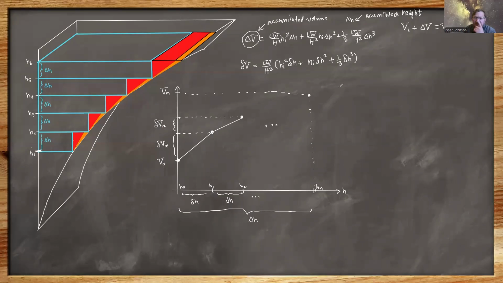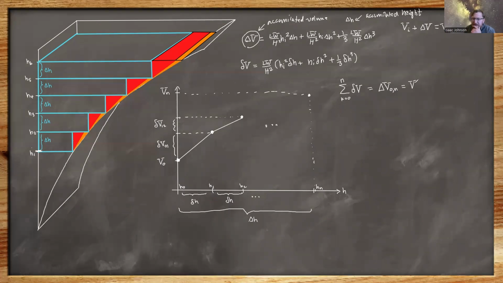And really my argument is this, it's that if you take delta V and you sum it up, starting at H0 up to n, that you will get the total change in volume from intervals 0 to n.